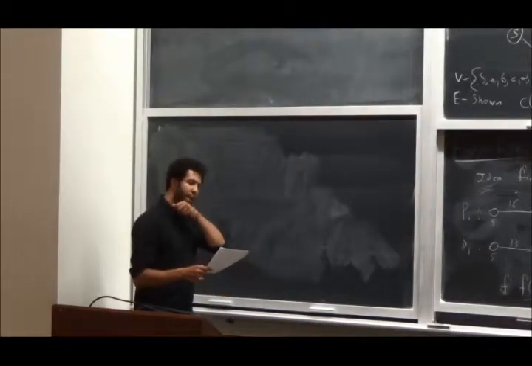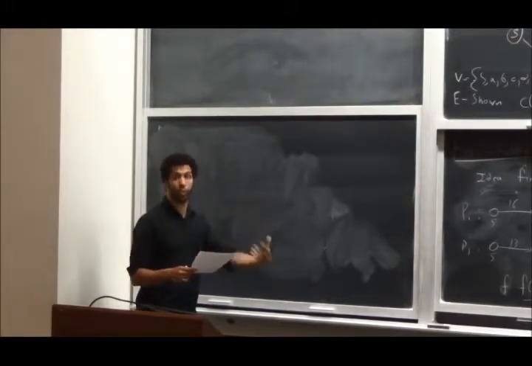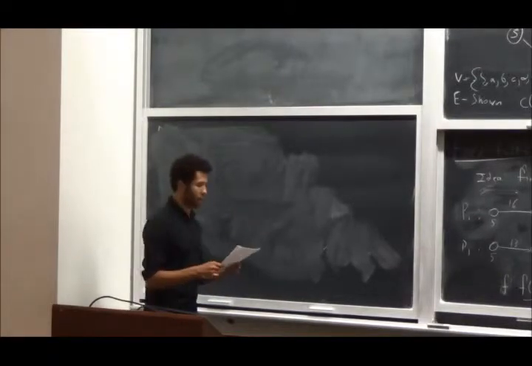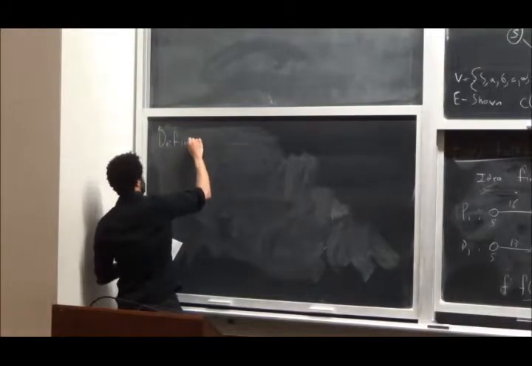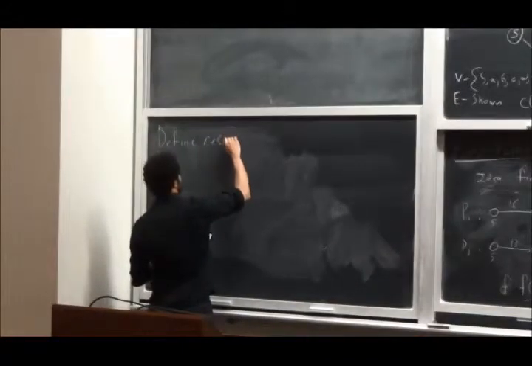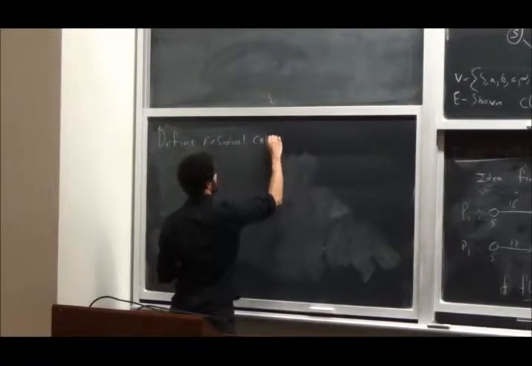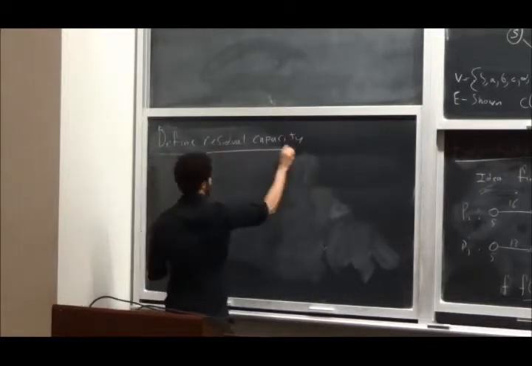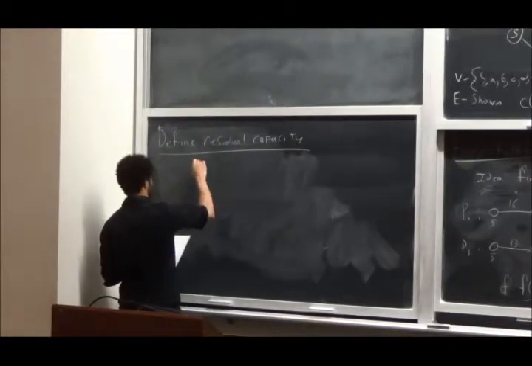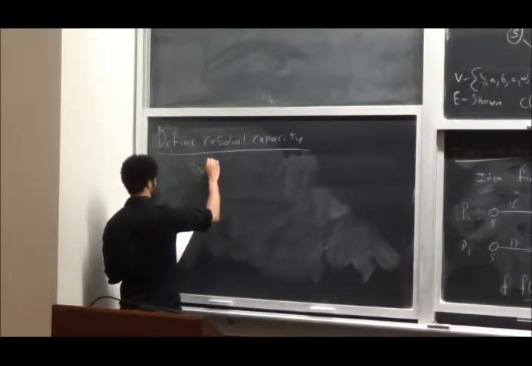To talk about the capability of the network to improve further, we can start to consider something called residual capacity. Residual capacity, we can take it as delta. It's the ability of the network, given a certain flow configuration, to change.